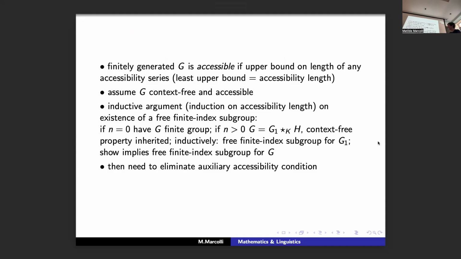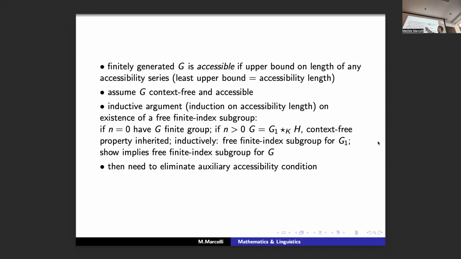And okay, so here's the kind of relation that there is between these properties in the group. A finitely generated group is accessible if you have an upper bound on the length of any accessibility series. And now you assume that G is simultaneously context-free and accessible.